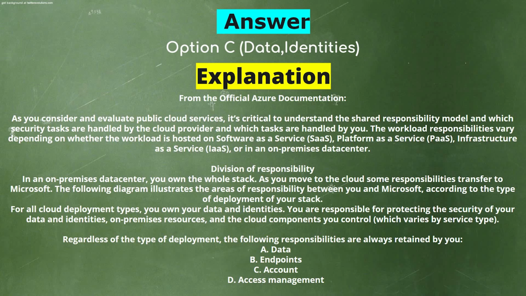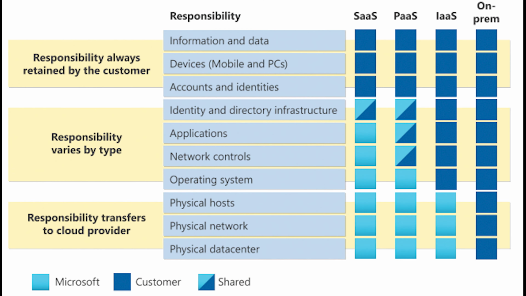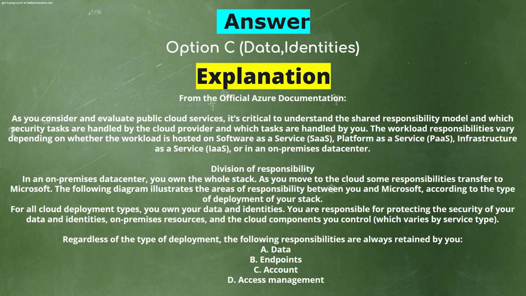The following diagram illustrates the areas of responsibility between you and Microsoft according to the type of deployment of your own stack. For all cloud deployment types, you own your data and identities.